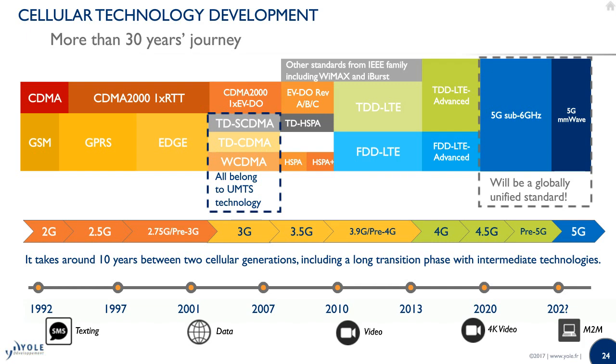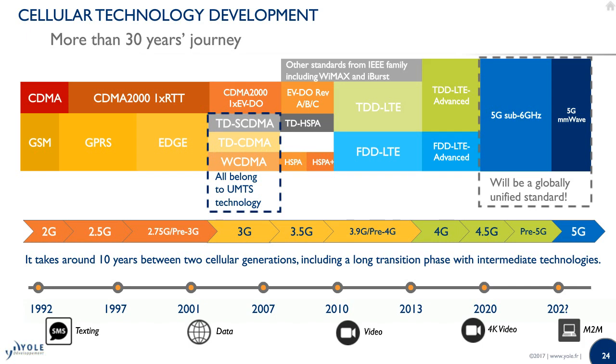Well, video. Video is really the key today, really downloading high-quality video and uploading as well high-quality video to have this exchange with all these social platforms, media, and things like that. So if we summarize, we can say that it takes around 10 years between two cellular generations to transition from one phase to another, with some intermediate technologies in between.